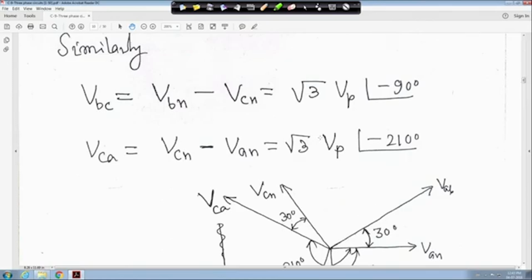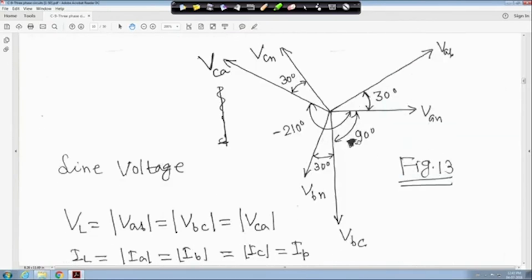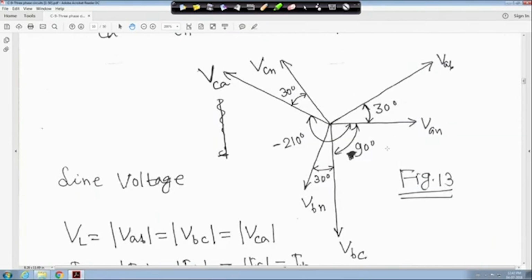It is a simple thing. Now if you draw the complete phasor diagram, your phase voltage and line voltage, look into this, right? I told you that VAB, VBC, VCA, their phase difference will be 120 degrees. So this is VAB, this is VBC, this is VCA.